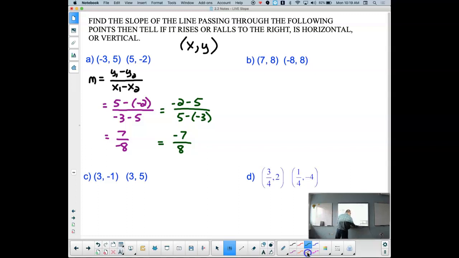So the slope between these 2 points is negative 7/8. And that would be a falls to the right case, because it's a negative slope, so it's going down and to the right.